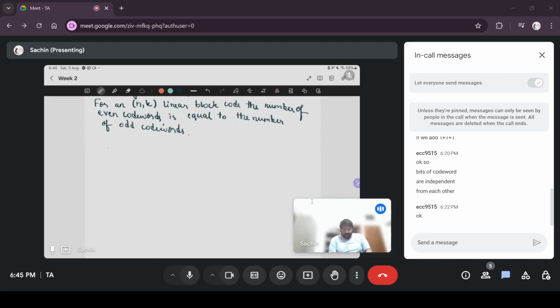So is this statement sometimes true? That is, are there a few codes for which it is true and a few codes for which it is false? Is it always true? Is it always false?